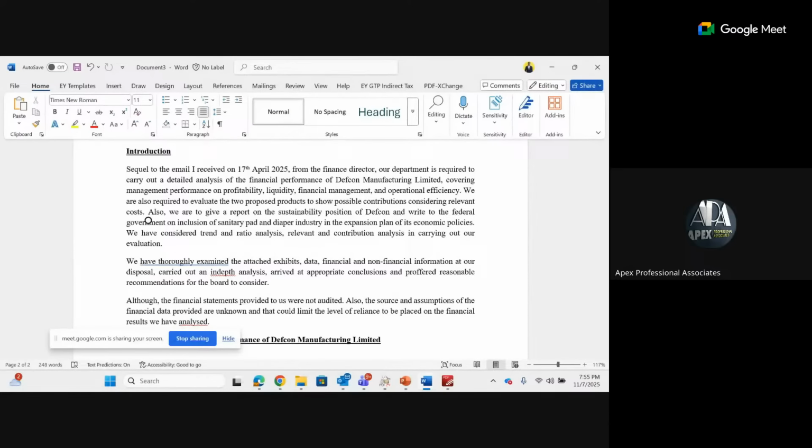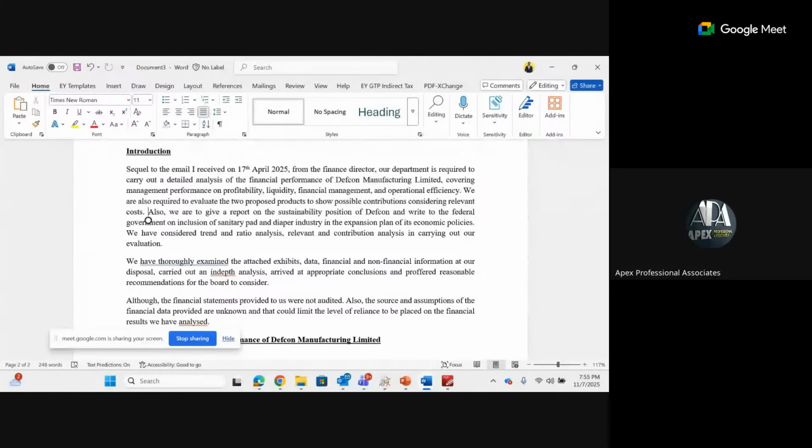You understand? You can adopt this method. You can bring all the requirements in one paragraph. Just put it that way.